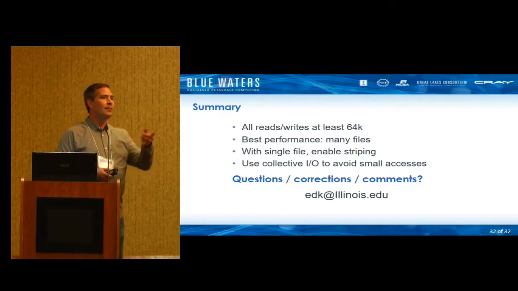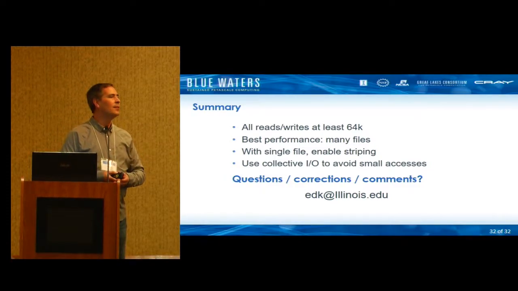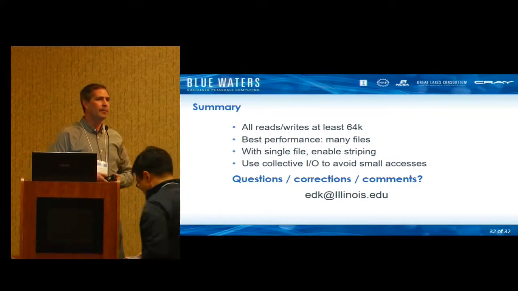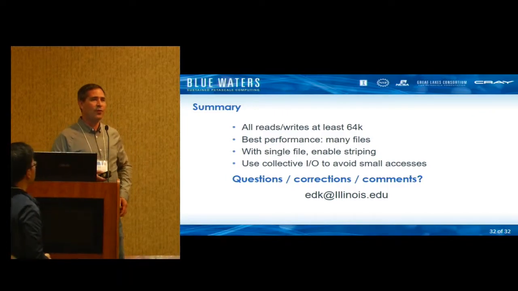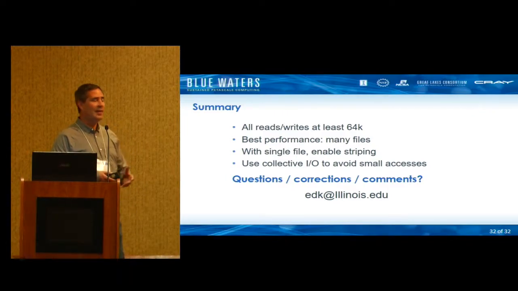When you say you use lots of files, what is the current recommendation? I think hundreds is a good number. More than that, it gets to be a bit of a drain on the metadata operations.